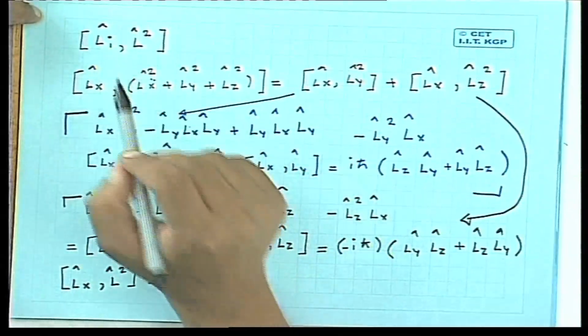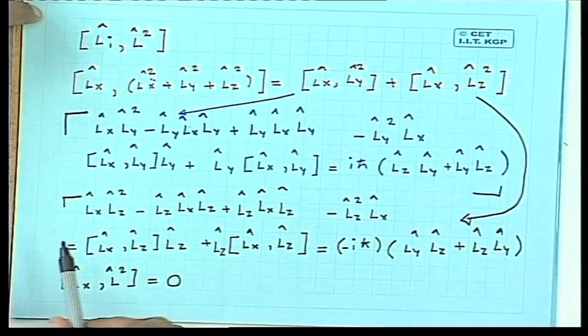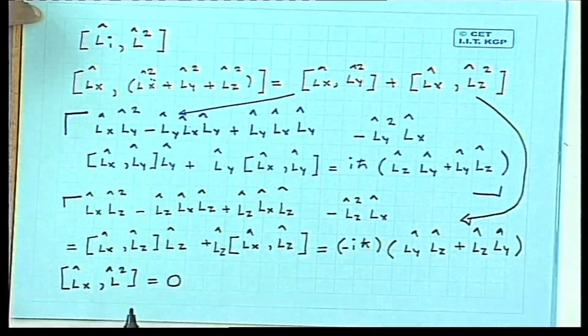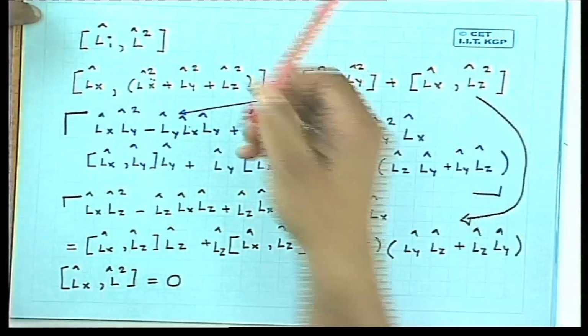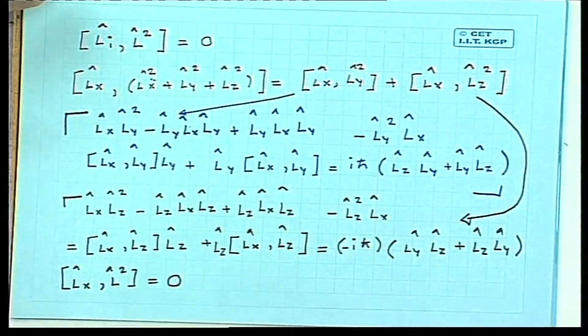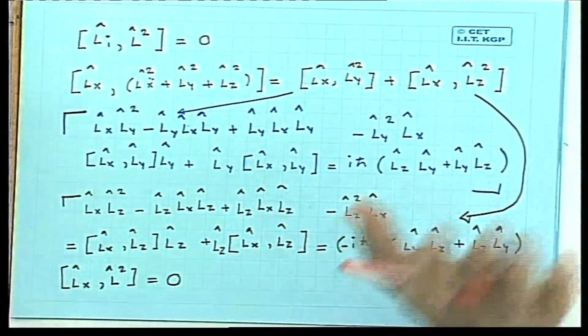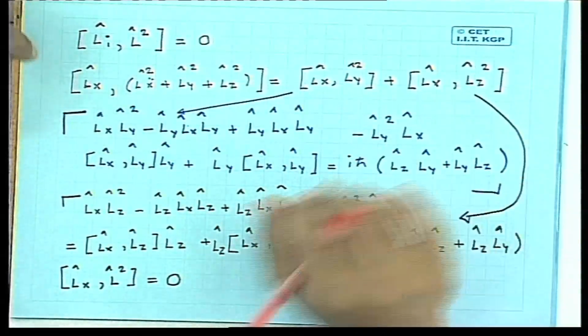Similarly, the y component and the z component, if you work them out, I leave this to you as an exercise to work out the commutation relation explicitly, and if you work out the commutation relation, you will find that all of them commute with L squared. So we have obtained a set of relations which are extremely important in the study of angular momentum in quantum mechanics. These relations are the commutation relations between the angular momentum operators.